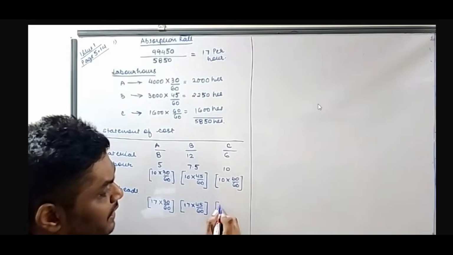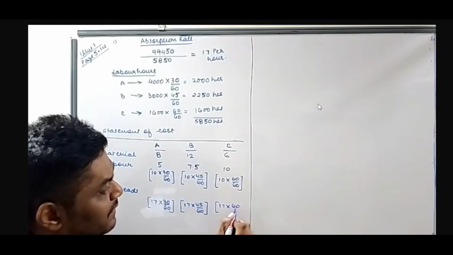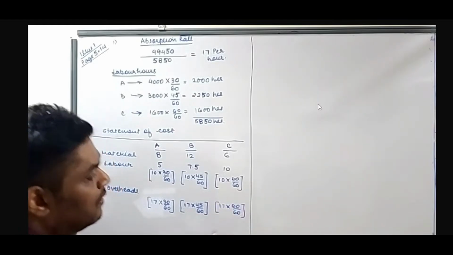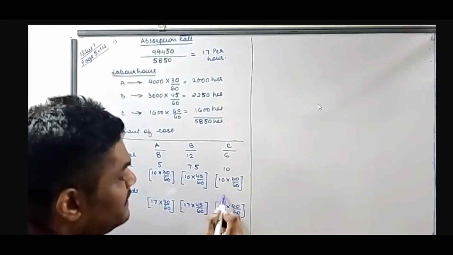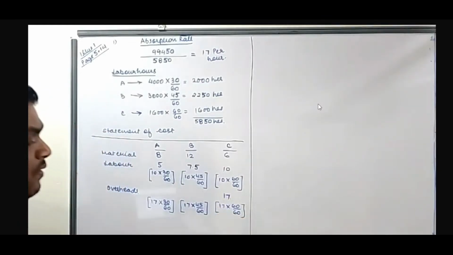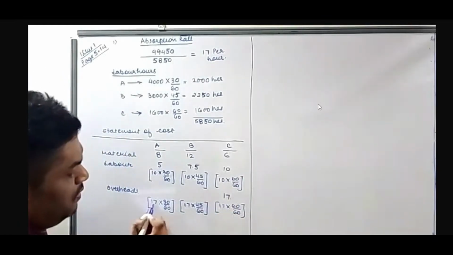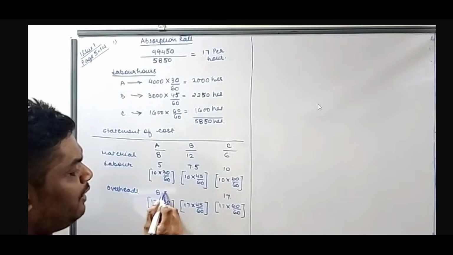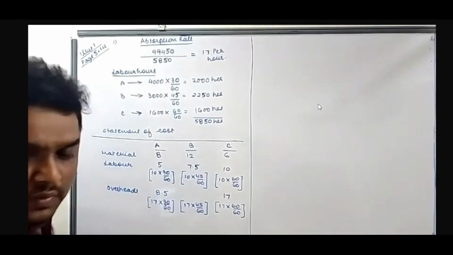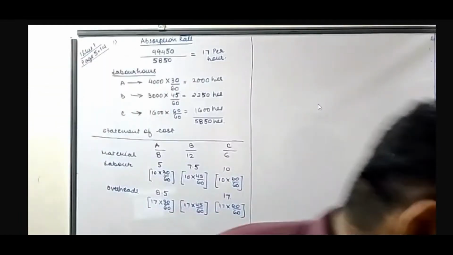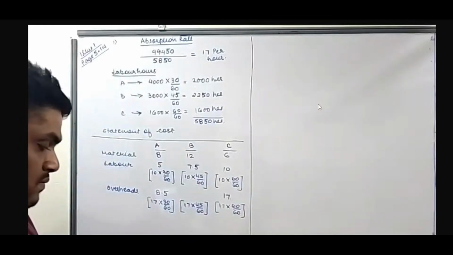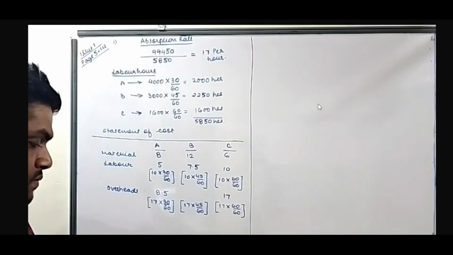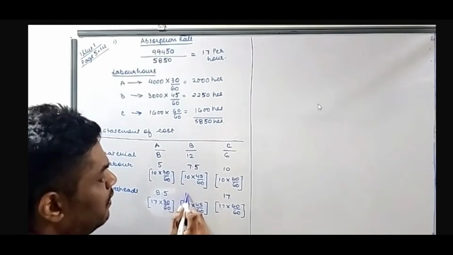Here also 17 into 60 divided by 60. So this will be 8.5, this will be 12.75, and this will be 17.